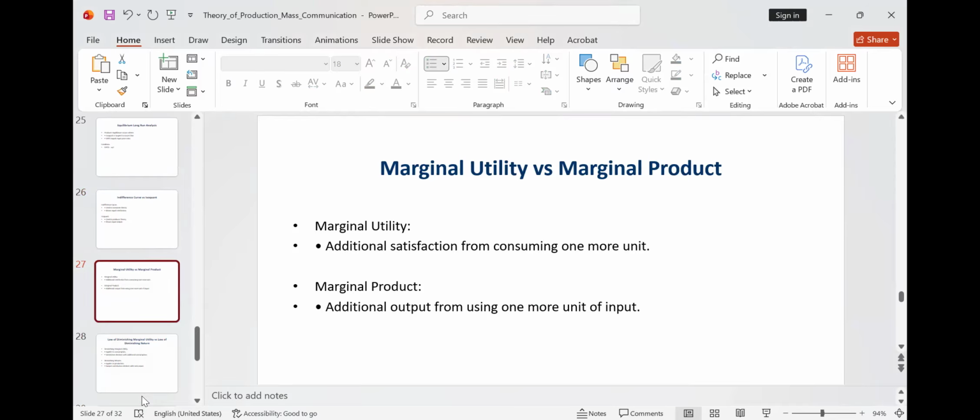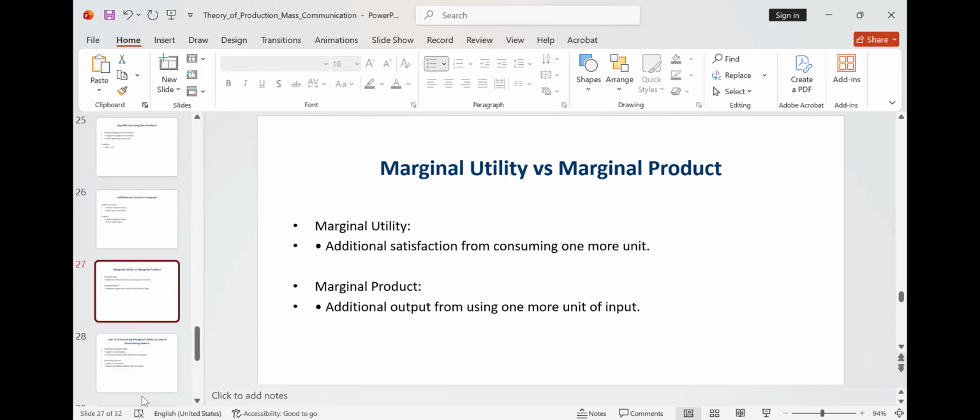Then there is a comparison between marginal utility and marginal product. Don't forget that we have dealt with marginal product in this session when we started. Marginal product is the additional product as a result of additional input, while marginal utility is additional satisfaction as a result of additional intake. So the difference is that additional satisfaction from consuming 1 more unit is different from additional output from using 1 more unit of a product.